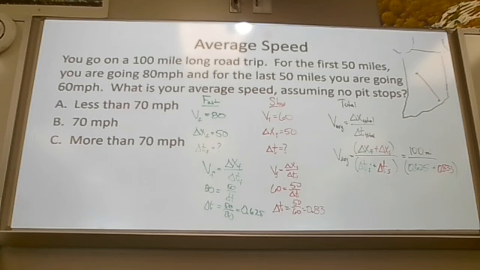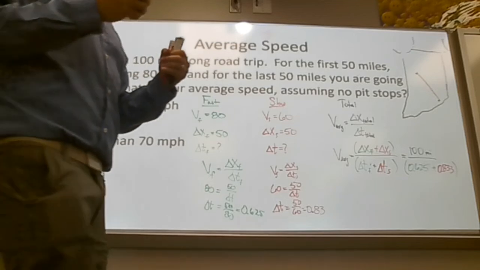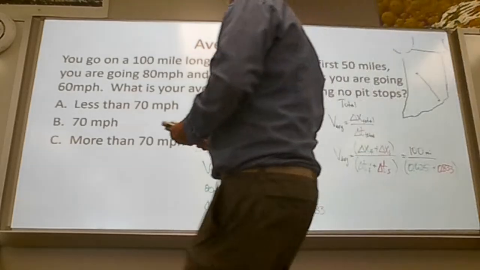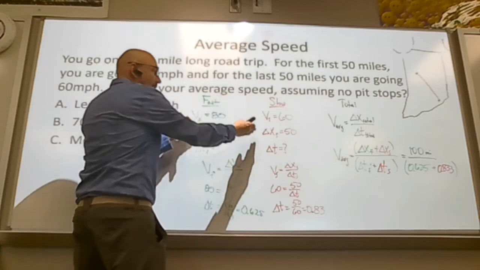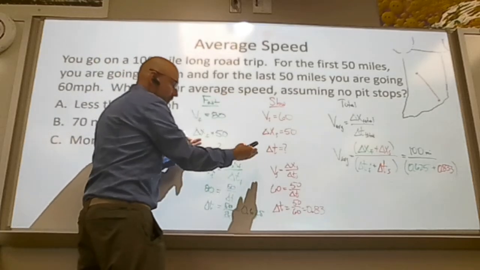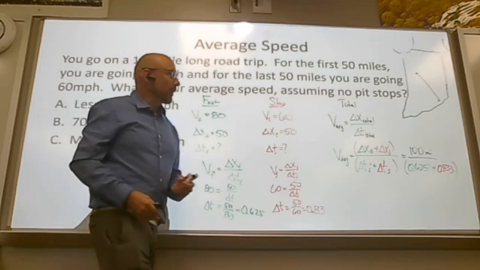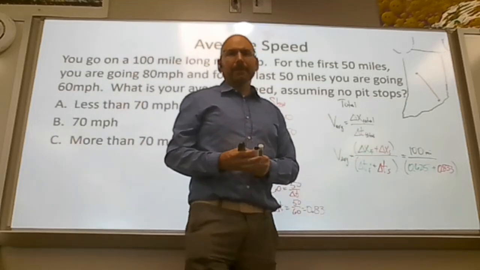So in summary, if you have more than one object or more than one stage in your problem, separate it out. You need variables and an equation for each stage or object. And then if you're looking for the average overall, you've got that.